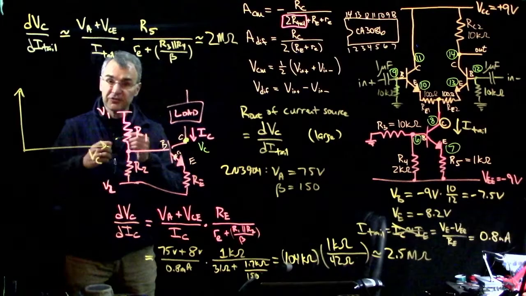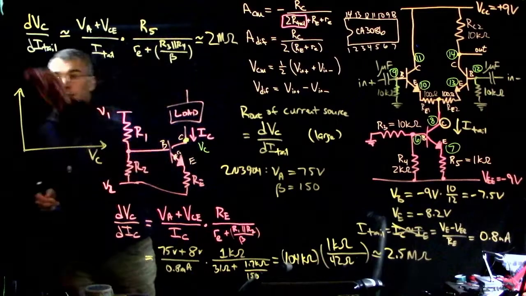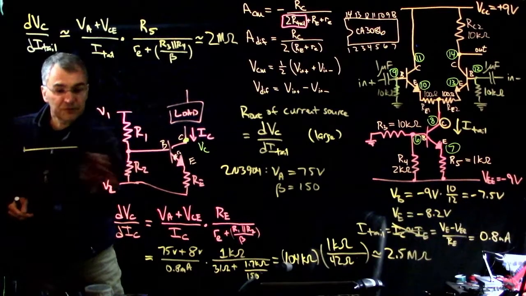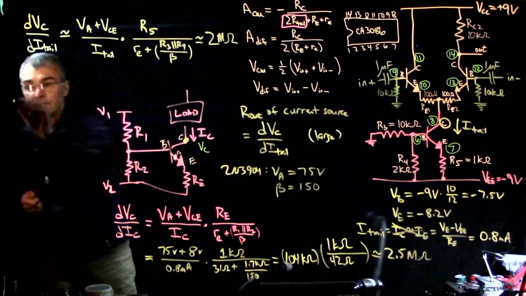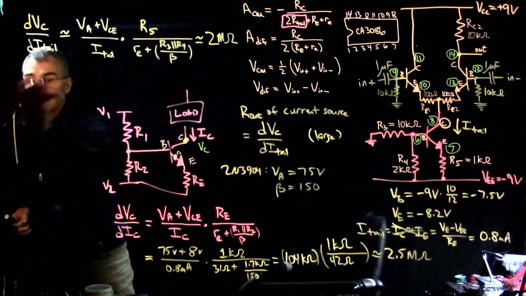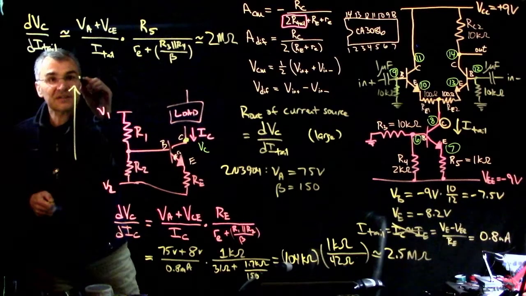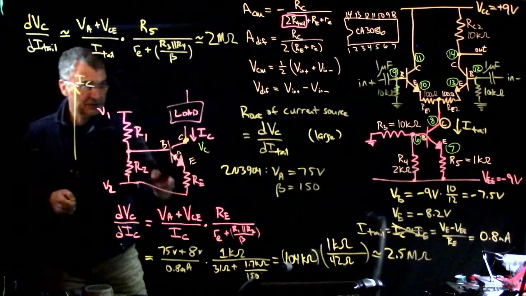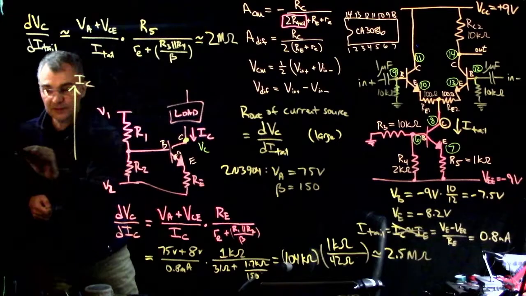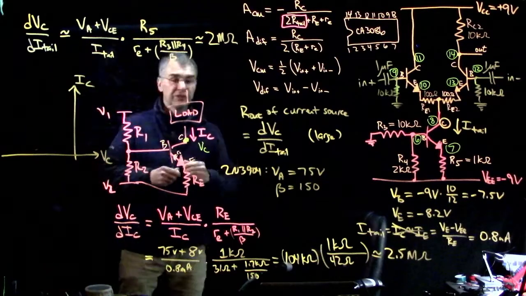I hesitate to draw a vertical axis here. I guess it's always negative, so maybe we'll draw a funny set of axes here. So let's draw, here's the collector current, which is the current of our current source, and here is the collector voltage.